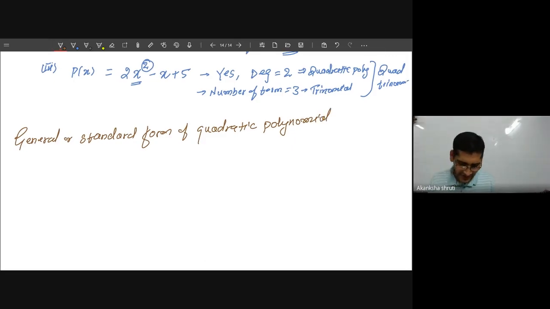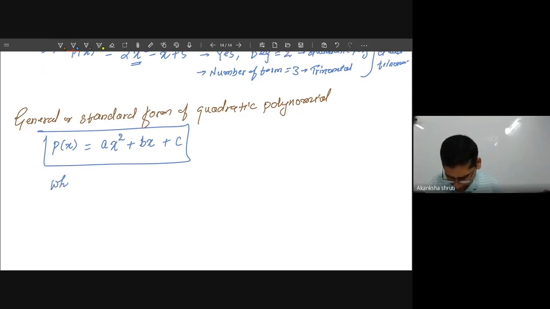A polynomial p(x) must have an x squared term with some coefficient, though it may be 1, 2, or minus or plus, means any negative or positive. It may have the x term also, with some coefficient, and the constant term may be there. So it is the general form.